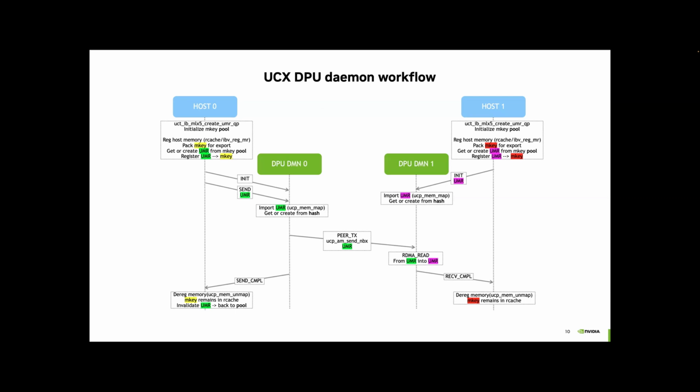Very quickly, just to demonstrate those control messages. Those are active messages used to control the workflow between host and daemon. Those messages are init: when a client host application joins for the first time, we need to send this init message to the GPU daemon. And by the way, there is also peer init, which I missed here.